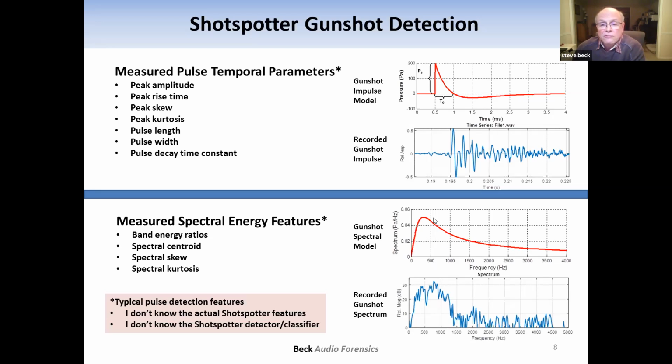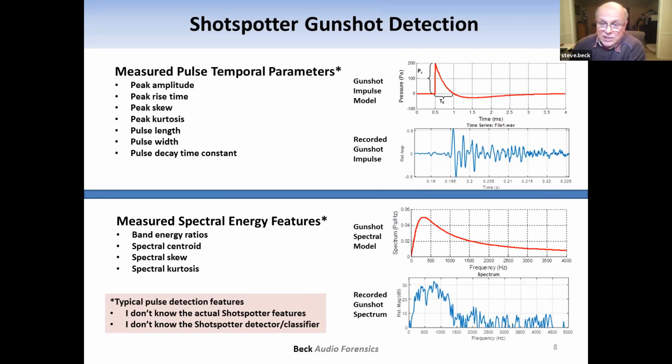Again, my red plot over here is the theoretical spectrum of a gunshot, and down below is one of the nicer spectrums of a gunshot. Typically, they're really noisy. There's a lot of other stuff going on in there. So, any type of measurement that you make, they're typically going to be noisy and kind of messy.